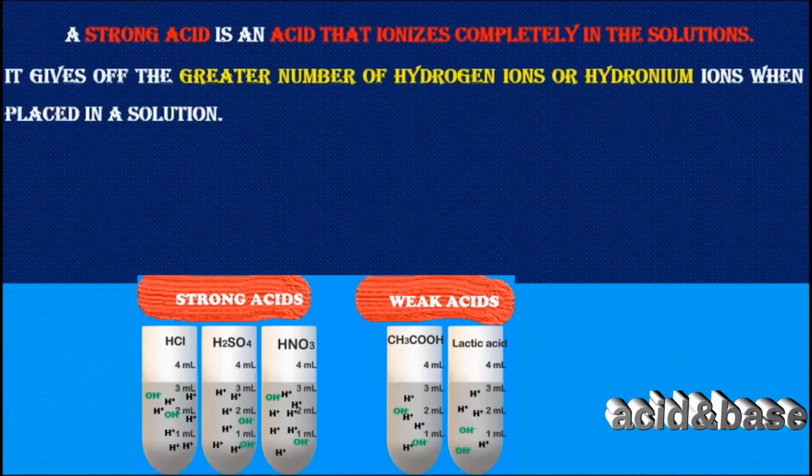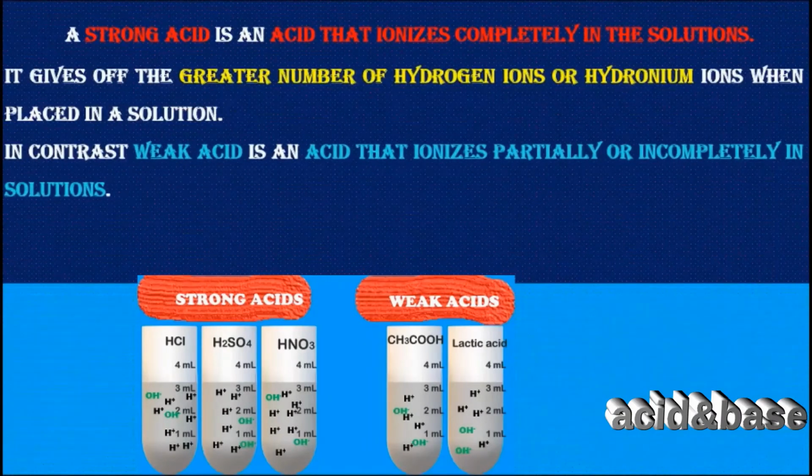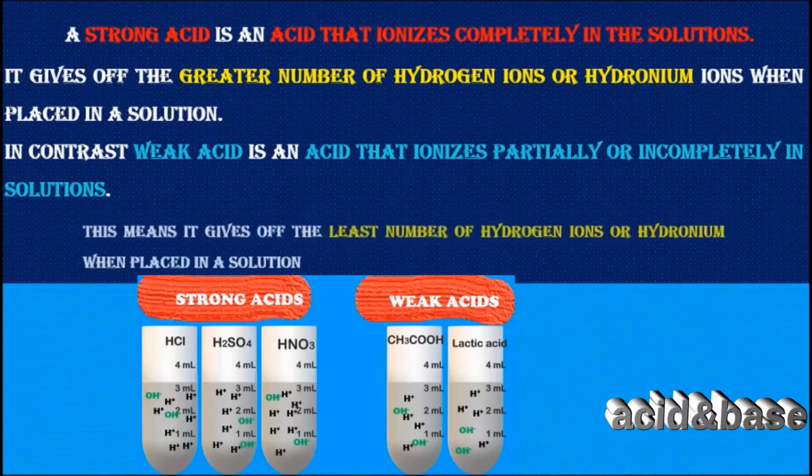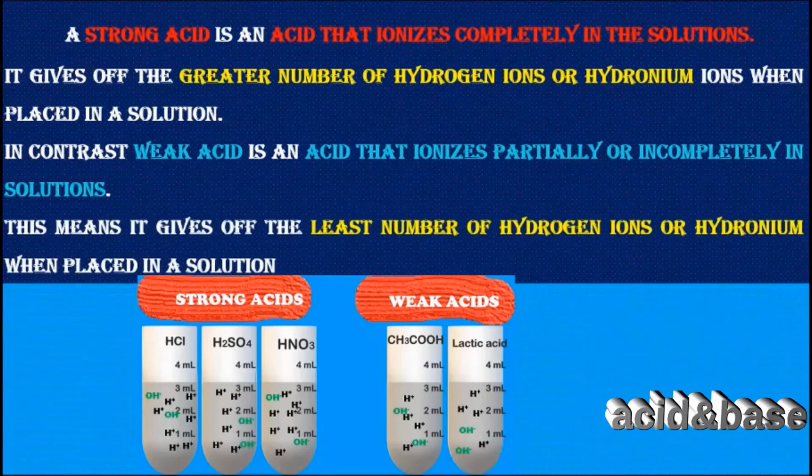A weak acid is an acid that ionizes partially or incompletely in solution. A strong acid dissociates a greater number of hydrogen ions, whereas a weak acid dissociates a smaller number of hydrogen ions when placed in solution.